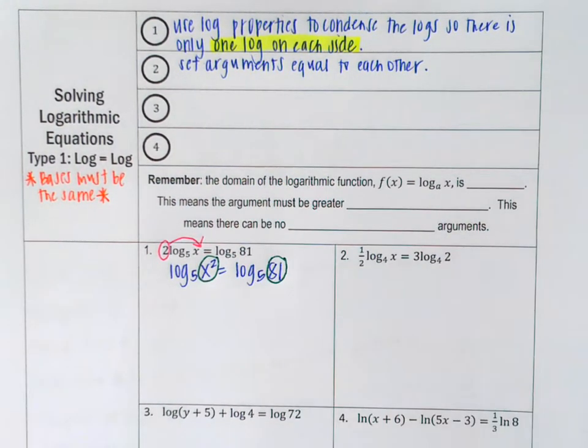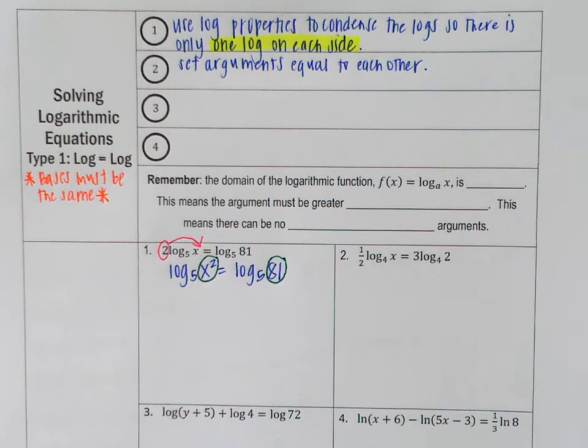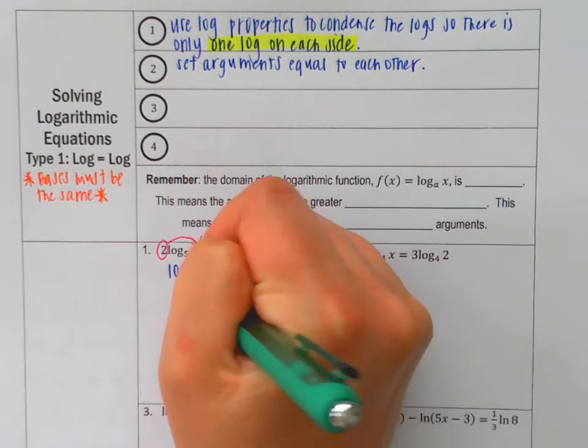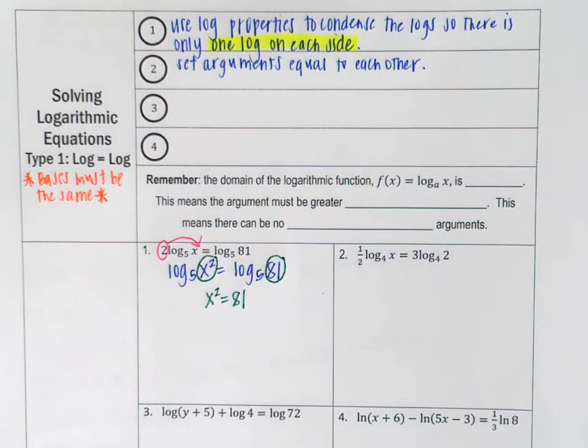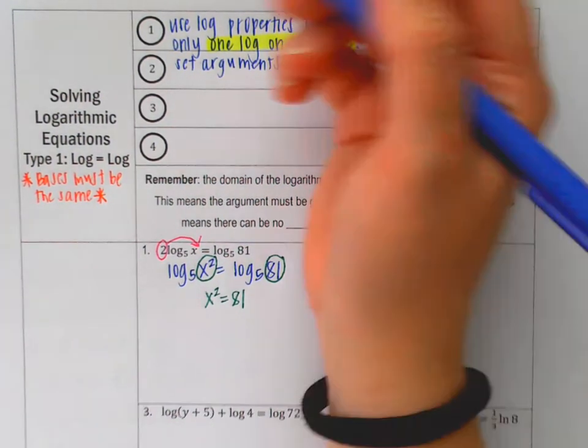It's really similar to solving exponential equations with a common base, because once you got one exponential expression on each side, you set the exponents equal to each other. This is the same thing. We're just setting the arguments equal to each other. Then you solve for x.